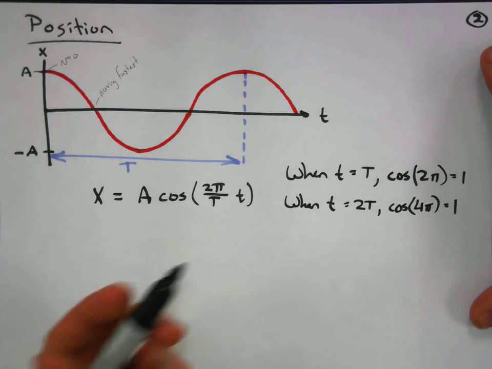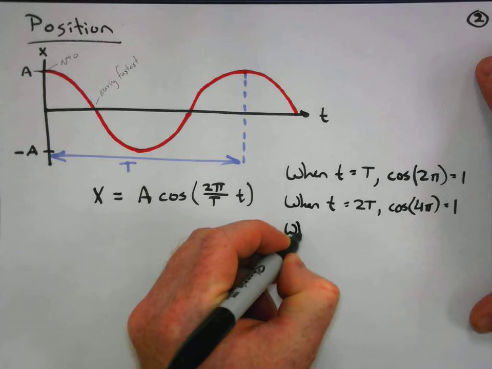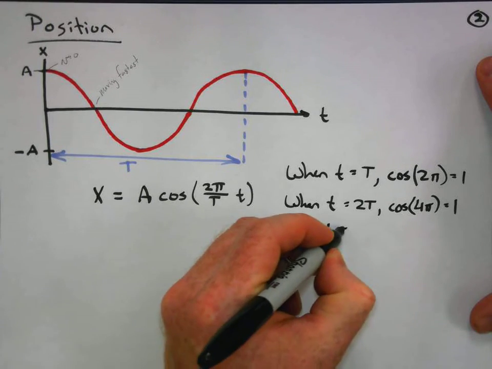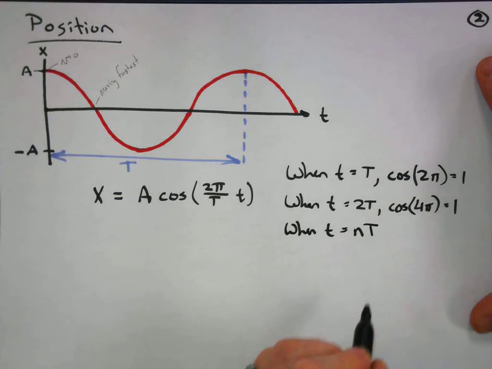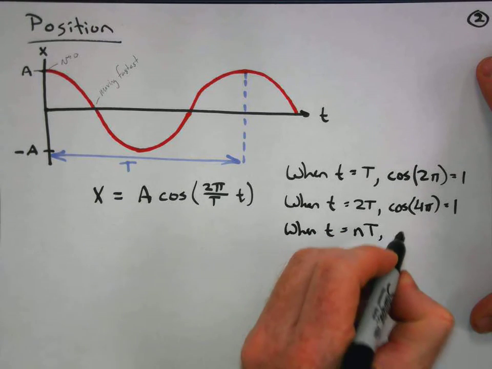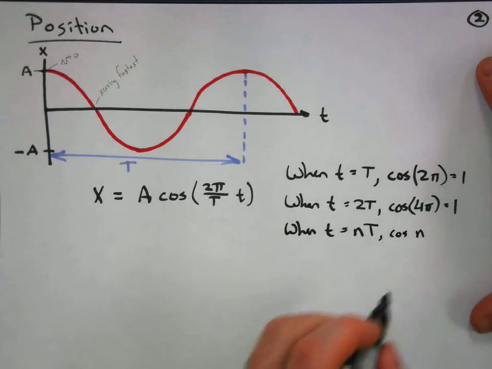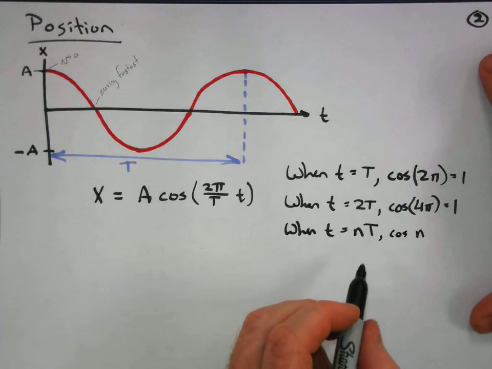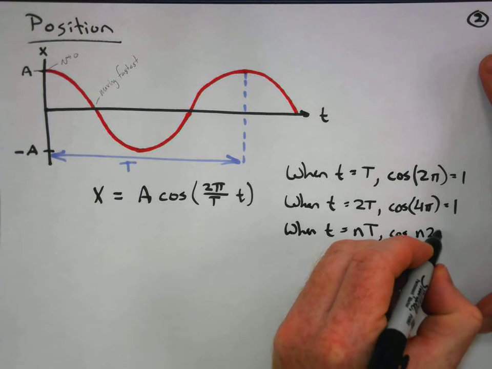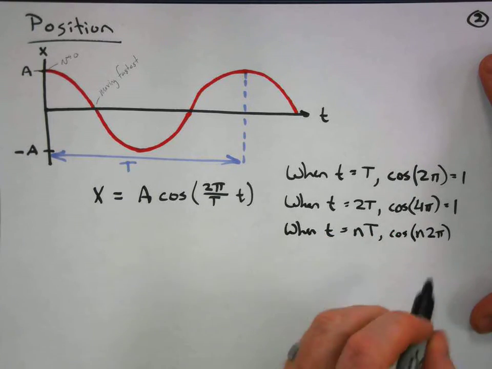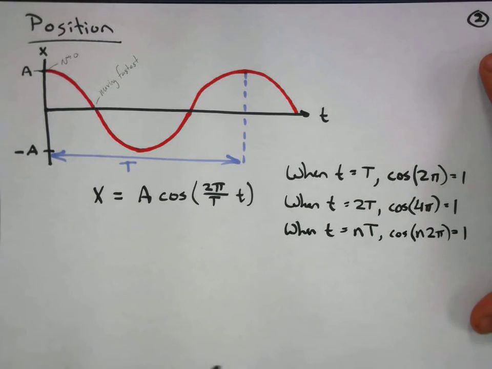So it actually doesn't matter as long as the time you're looking at is some integer number of the period. Then you're going to have the cosine of basically n times 2 pi, aren't you? And whatever n is, it doesn't matter, it's still going to be a value of 1.